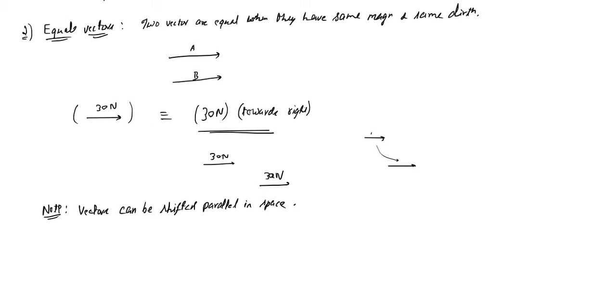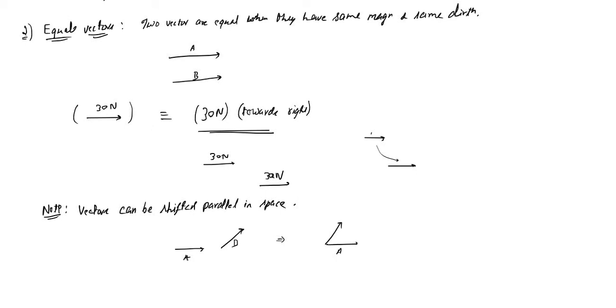This is what we were doing to calculate the angle between two vectors. If we want to identify the angle between these two vectors, let us say this is vector A and this is vector B. Now we shift this vector B parallelly.